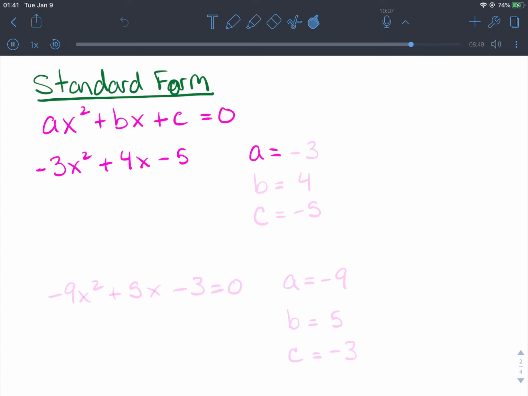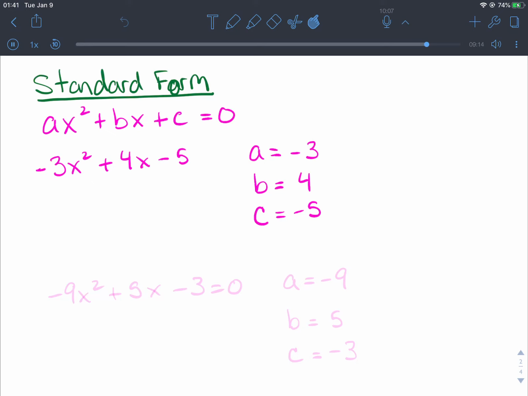So what number is written before the x? The answer is negative 3. If I asked you what b is, the number over here in front of x, which is 4. And lastly, we have c. C is the number all by itself, which you can see is negative 5.